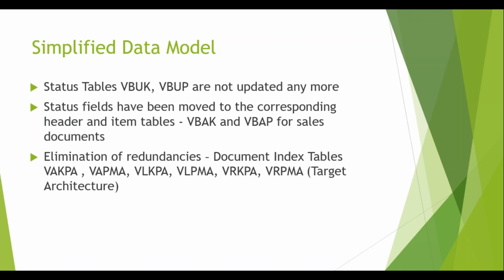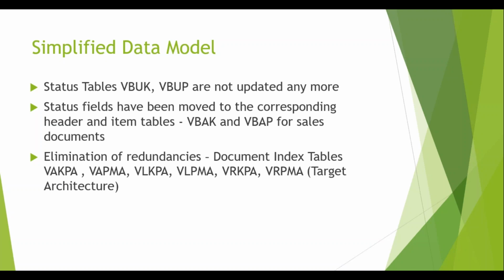When you create a sales order, it will show you it is not processed. When you release the sales order, it will show released. When you process the delivery, it will show that it has been delivered. When you complete, it will show billed. All those kinds of statuses are available in the status table.